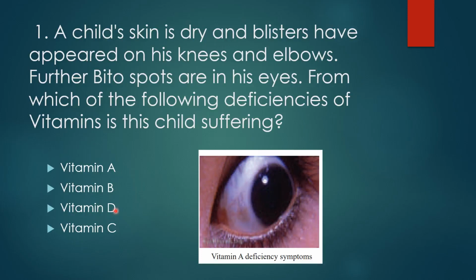Vitamin C stands for weakening of gums and scurvy. So please keep this in your mind. Vitamin A stands for Bito patches, vitamin B for anemia, vitamin D for osteoporosis, and vitamin C for scurvy and weakening of the gums.